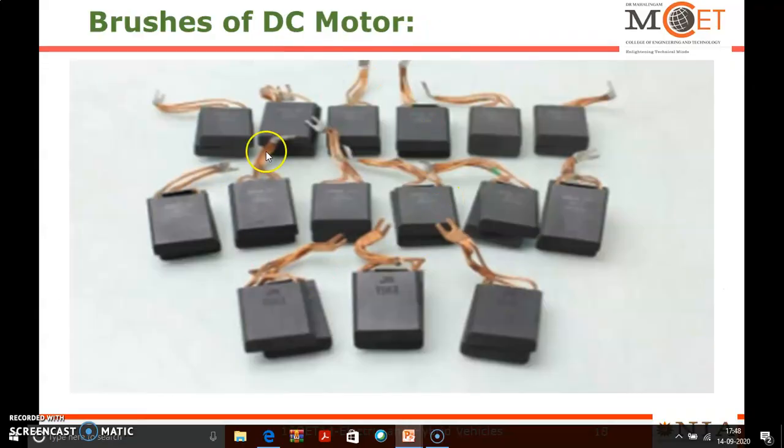Next, these are the brushes. As far as the electric motor is concerned, these brushes are used to feed the electrical supply or electrical input to the electric motor, whereas in the case of a generator they extract the electrical output current from the generator, but in a motor it feeds the input electrical supply through these brushes only.